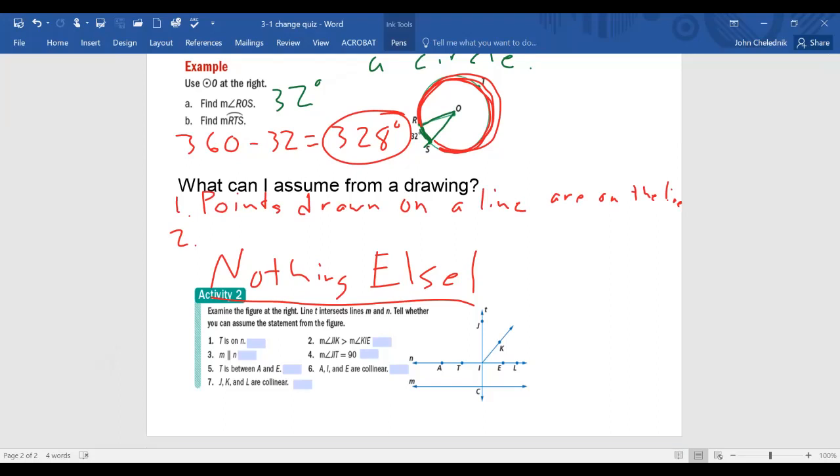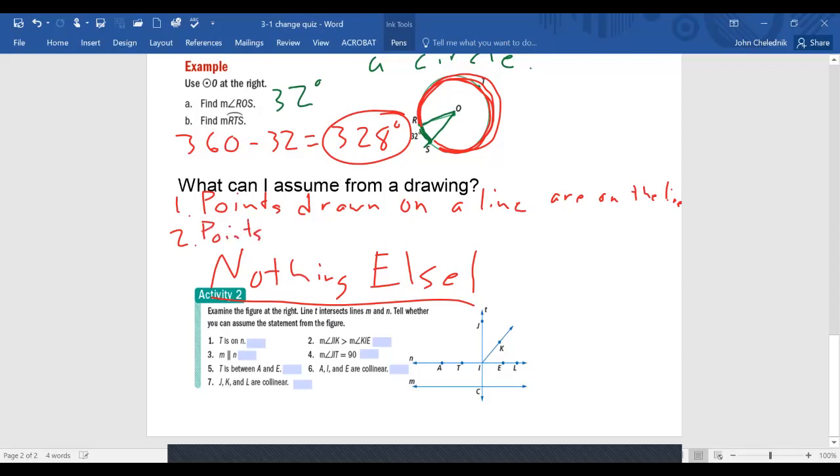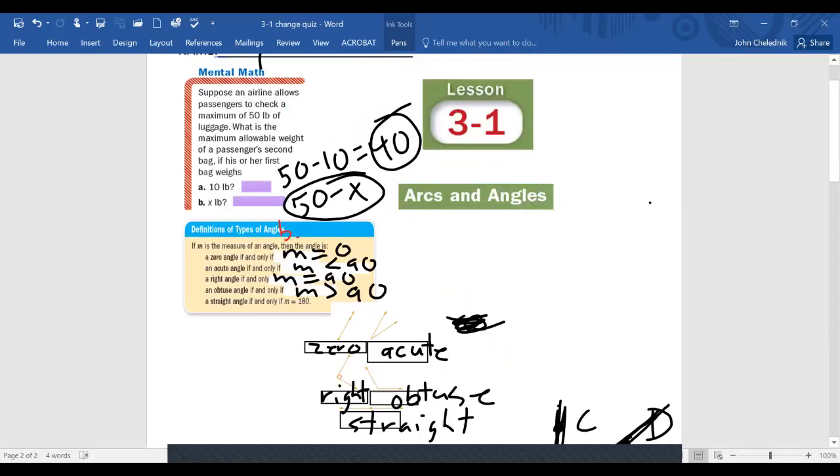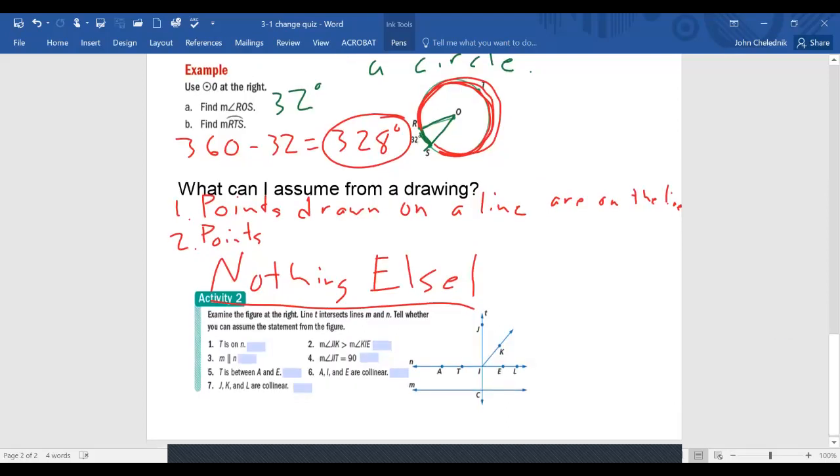Now, the only other thing that you're allowed to assume from a drawing is this. Points between other points are actually between.